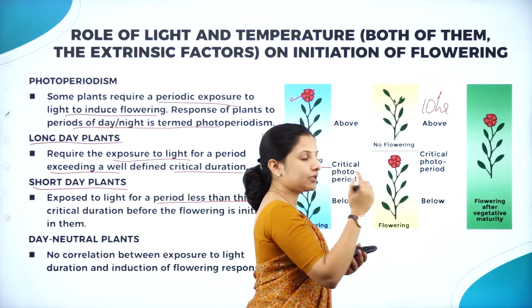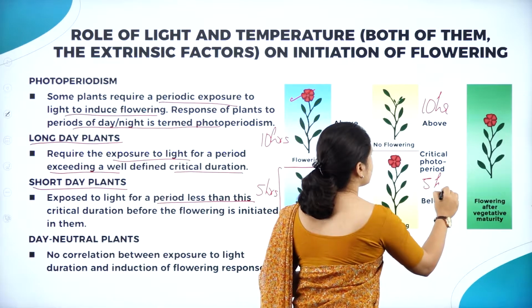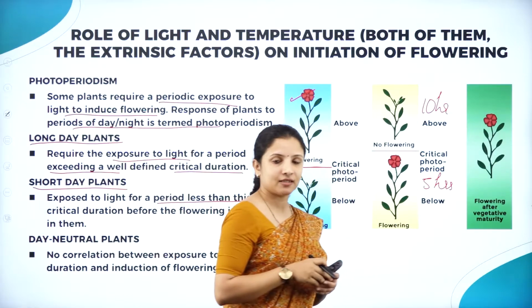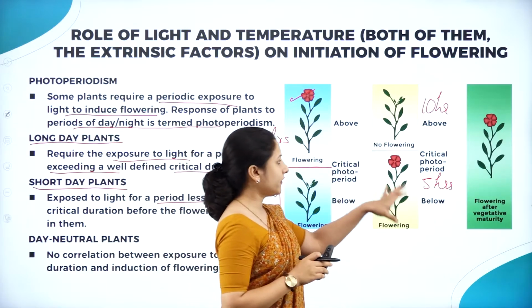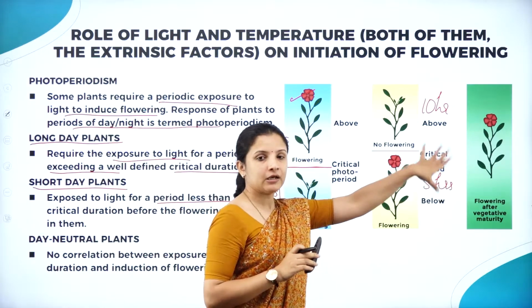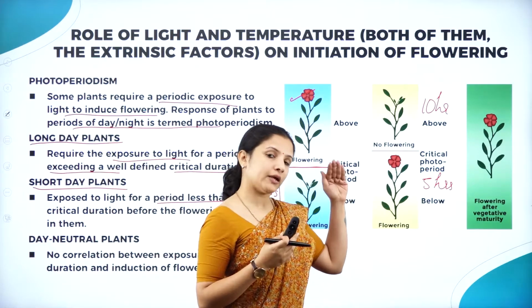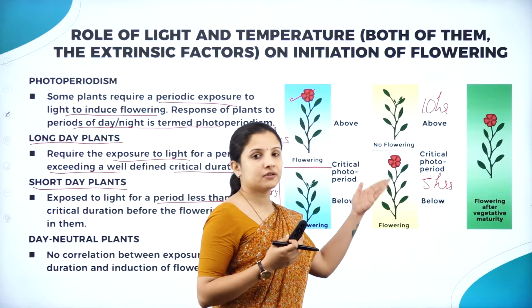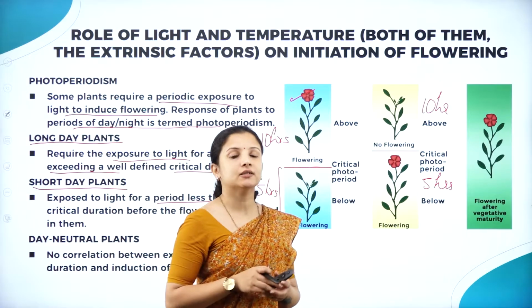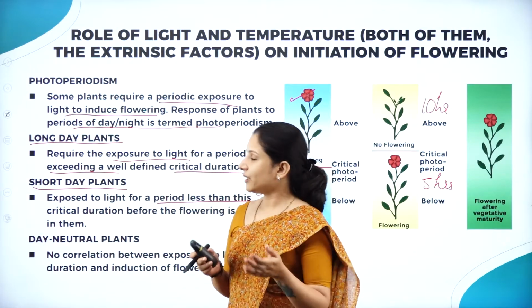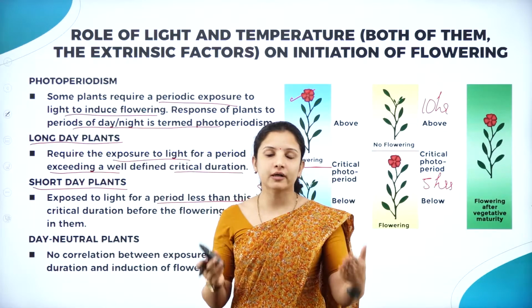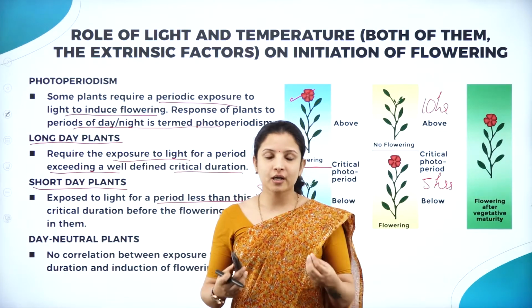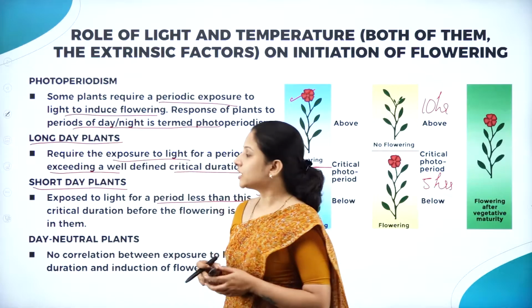It should be kept in light only for 5 hours. It should not exceed the critical photoperiod. If we exceed the critical period and subject the plant to more than 5 hours, flowering will not occur. That is short day plants. The name itself suggests long day means long exposure to daylight. Short day means very short exposure to the daylight.